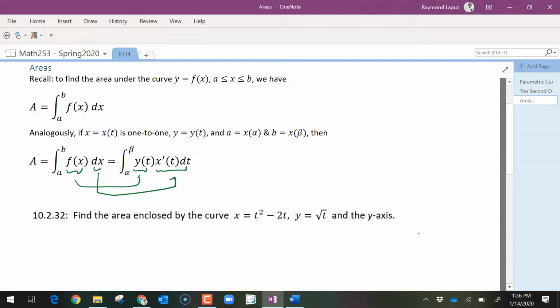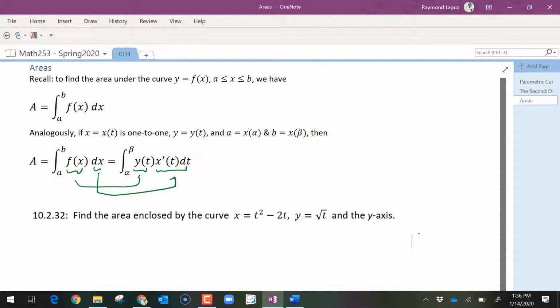So this is like the problem that we did, except it's sideways. There are things that you probably want to do, like graph this, if you're able to, just to get an idea of what it looks like, or let's try to do it without graphing first.